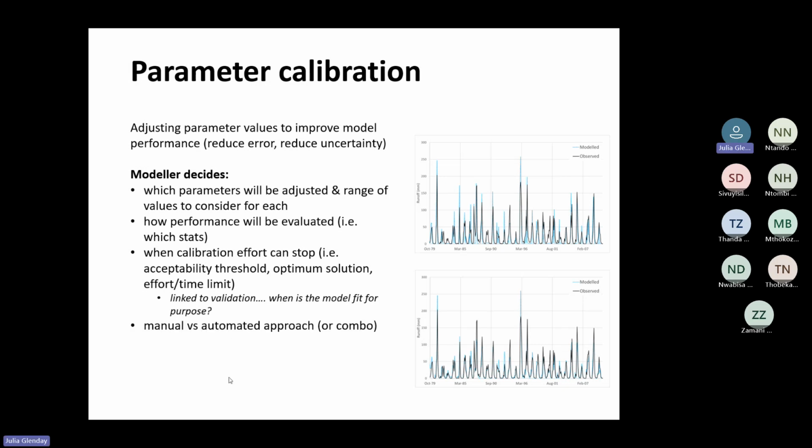And one can decide between using a manual process, where you think a lot about what kind of adjustments are going to help given the way that the model is not performing, and an automated approach where it just tries all sorts of combinations.